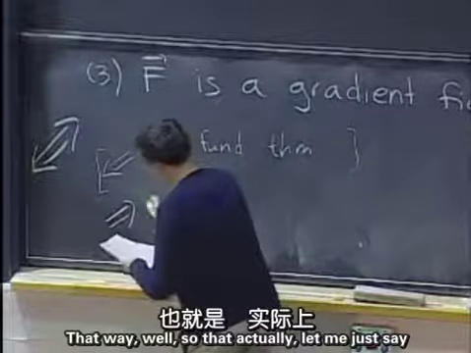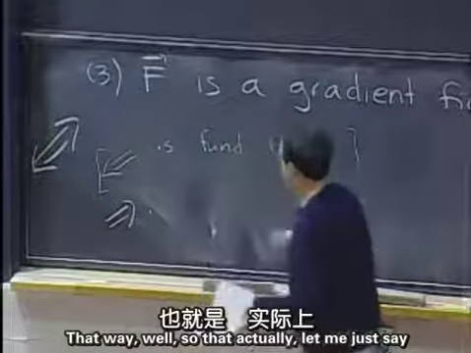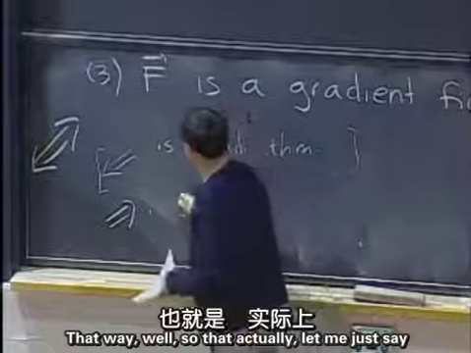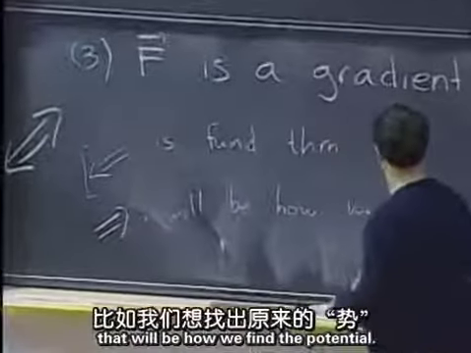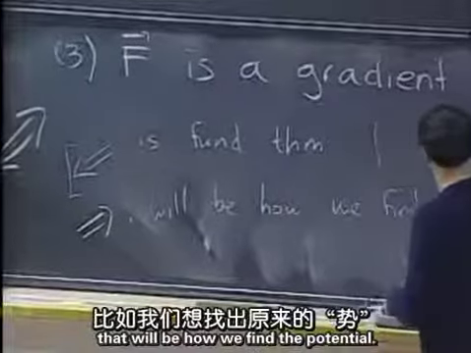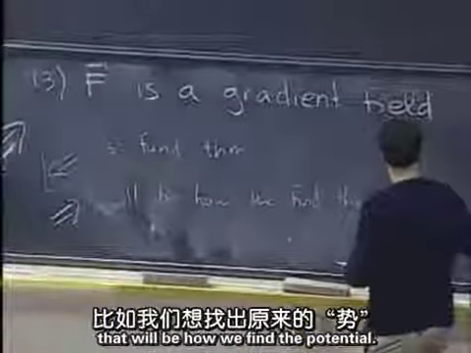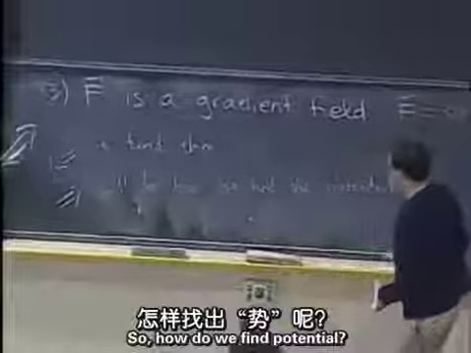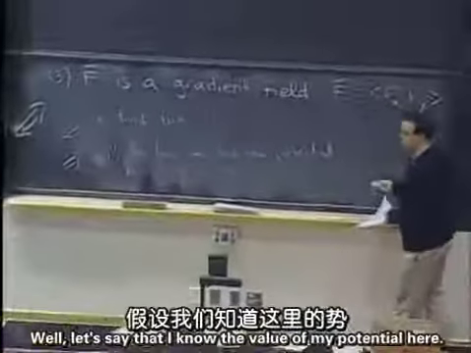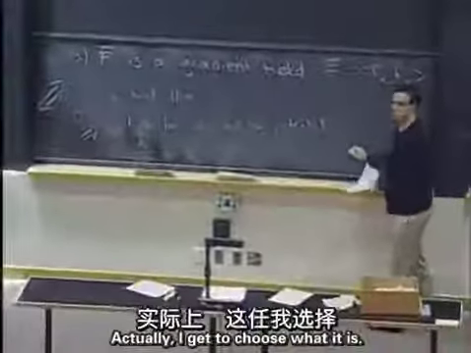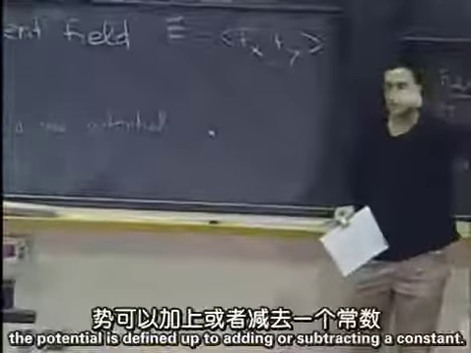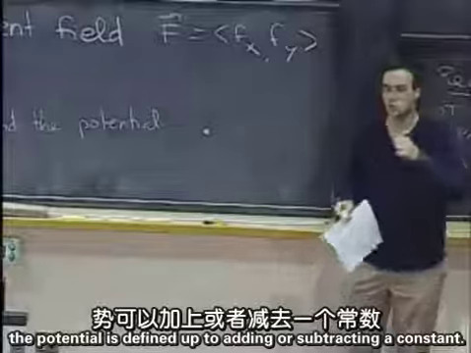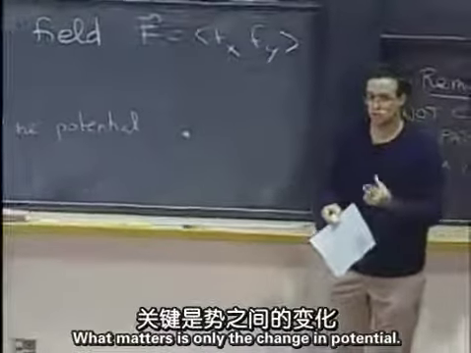That way, well, actually, let me just say, that will be how we find the potential. So how do we find potential? Well, let's say that I know the value of my potential here. Actually, I get to choose what it is. Remember, in physics, the potential is defined up to adding or subtracting a constant. What matters is only the change in potential.